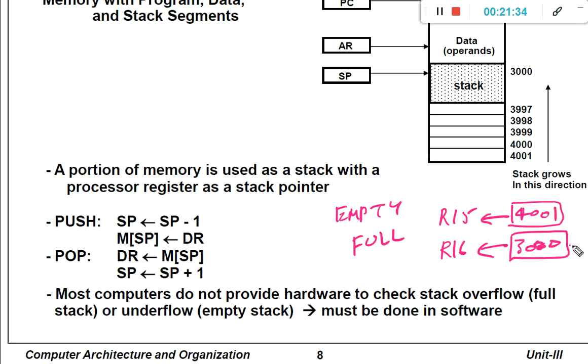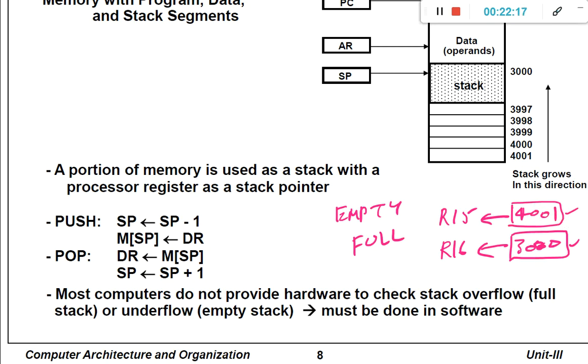So whenever the value reaches 3000, the stack is full. So before inserting an element, it is going to check the address value with 3000. If it is 3000, then it assumes that the stack is full and no more insertions. Similarly, whenever the pop operation is carried out, it will check with the value 4001. If it is equal to 4001, then it cannot delete any data, because it cannot carry out the pop operation if there are no elements at all. Like this, the overflow and underflow operations are carried out.